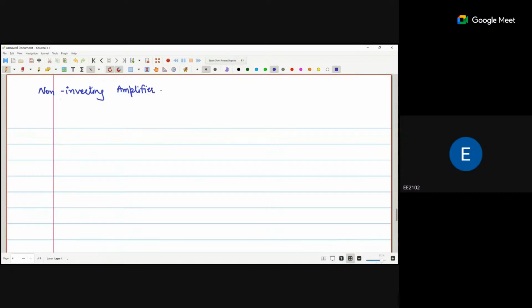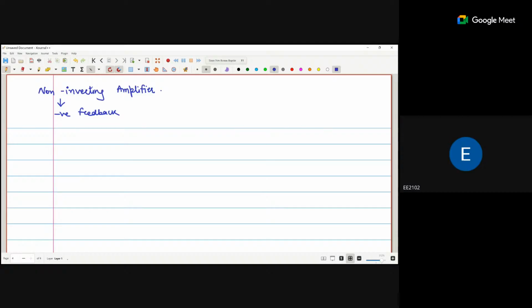For the non-inverting amplifier, just remember we always use negative feedback. If we are using the inverting amplifier, we also always use negative feedback. Positive feedback will be used in week 3 when we discuss the Schmitt trigger and threshold level.